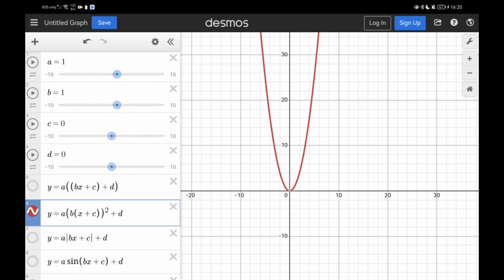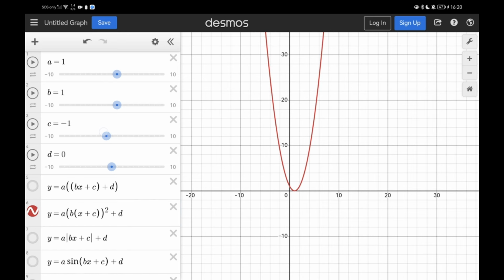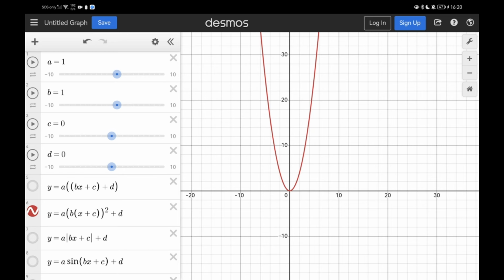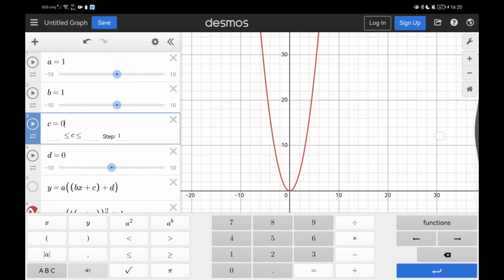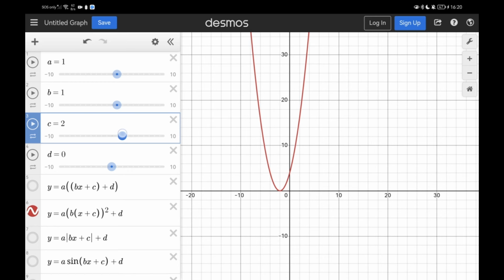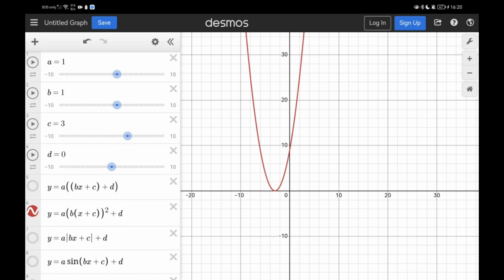If I move my x to the right hand side, I need to let my c become negative. Okay, same as the linear function that I demonstrated to you. And also if I let my c become positive, your quadratic graph moves to the left. Okay, that means the graph moves to the left side and lets the x coordinate become more negative.